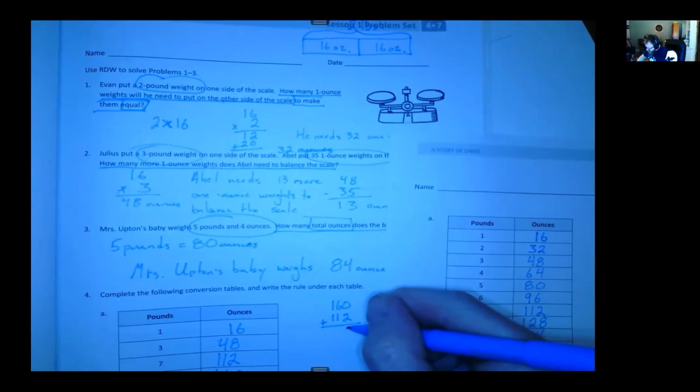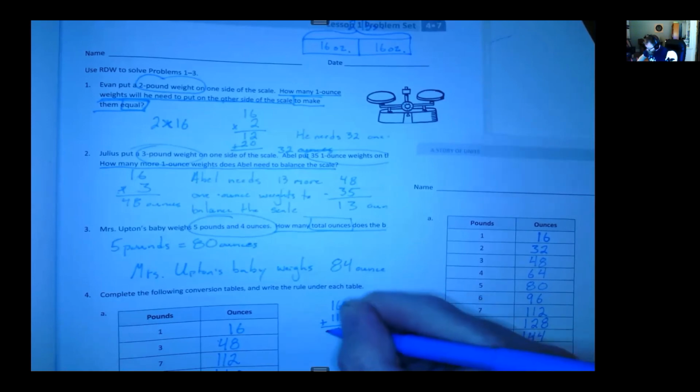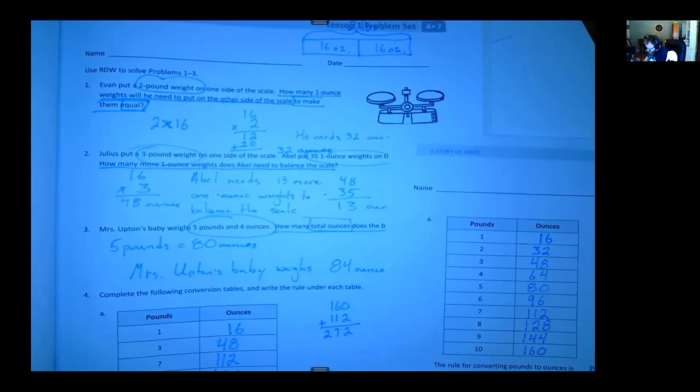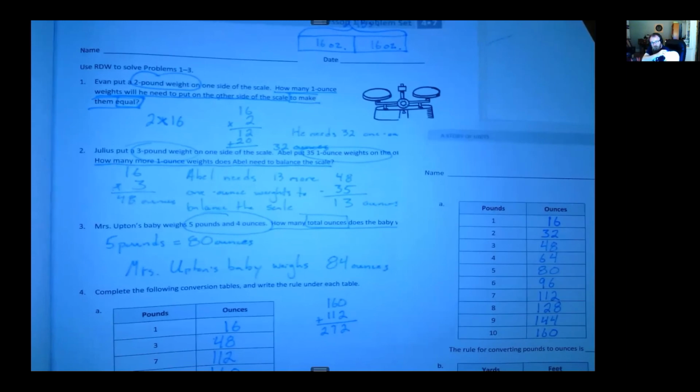That's 160 plus 112, 272 ounces. The rule for converting pounds to ounces is, again, we have this written down in our conversion charts, multiply by 16. So you can check any of those answers you got by multiplying by 16.